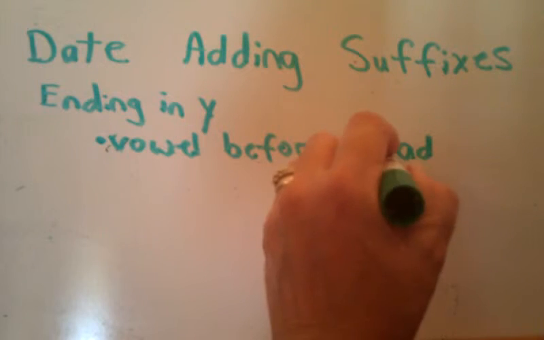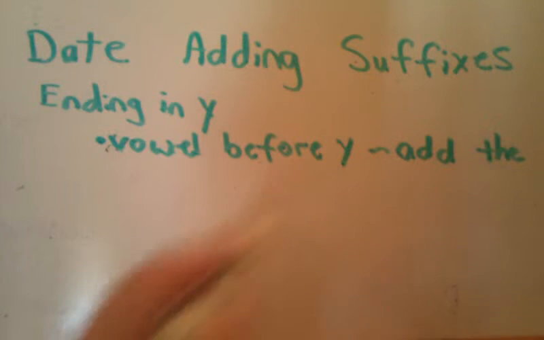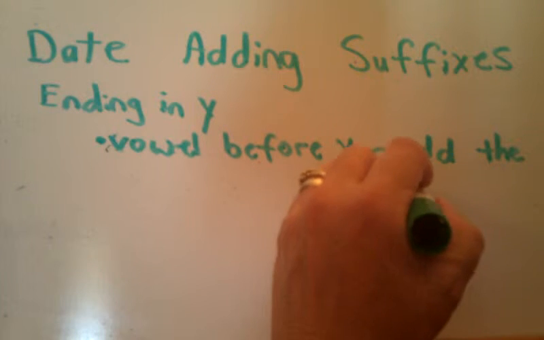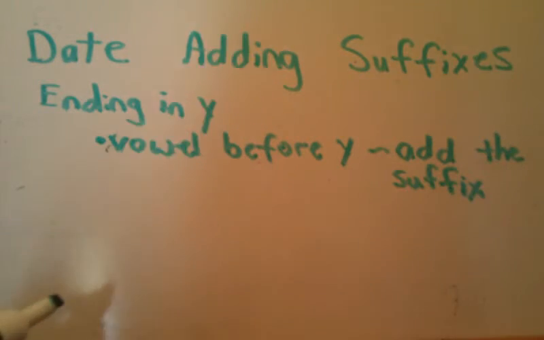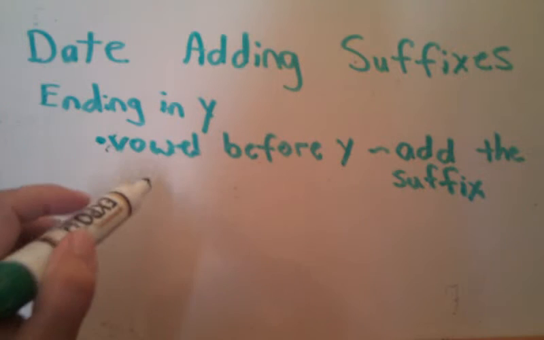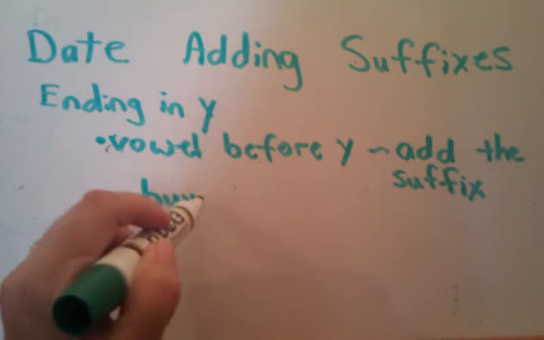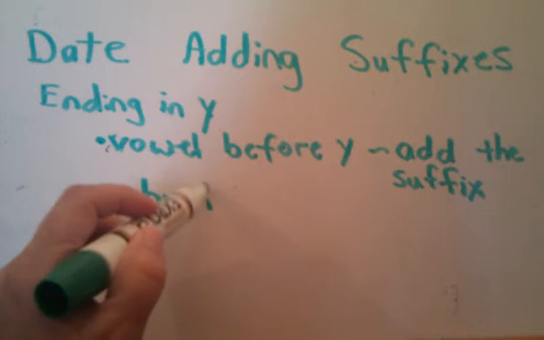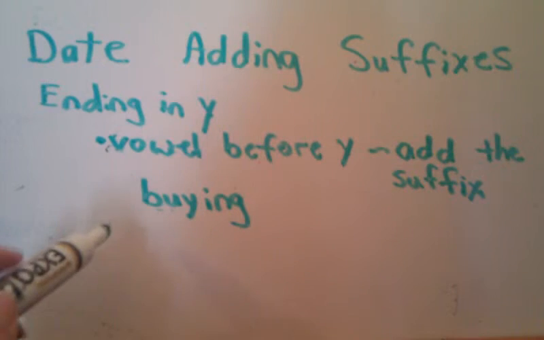Okay, that sounds easy enough, right? Like if I have the word buy, I can add ing. Look, there's a vowel before the Y, so all I have to do is add ing.